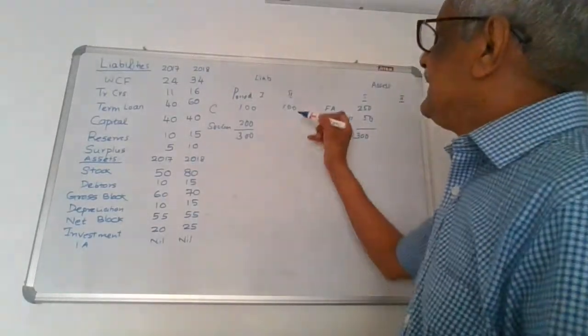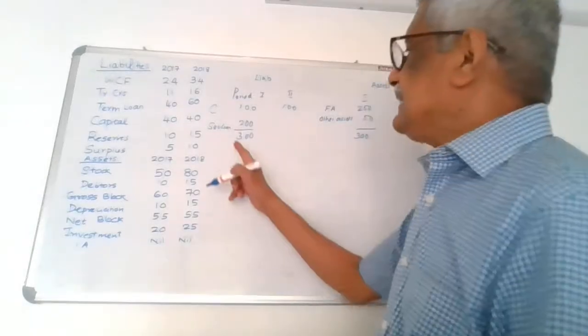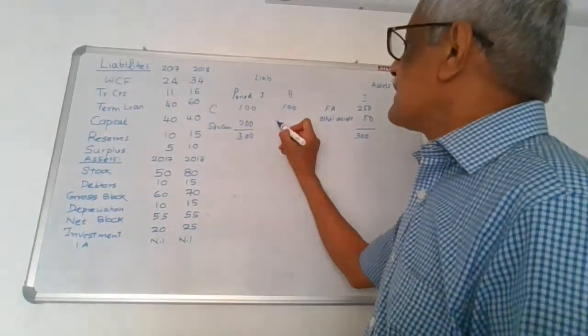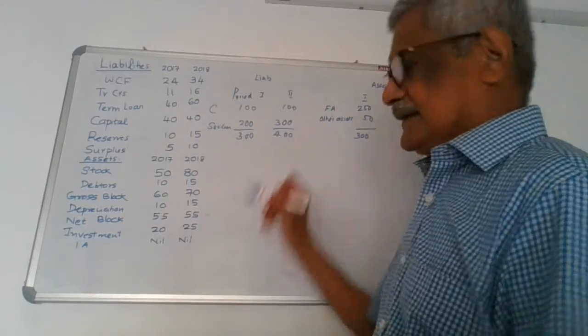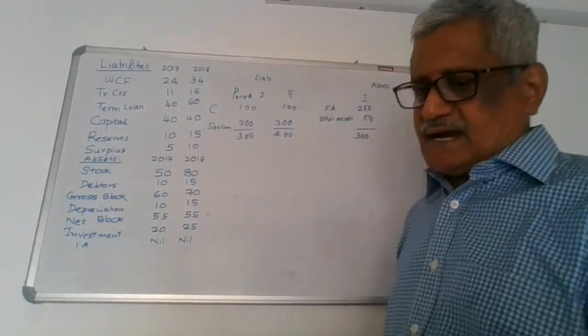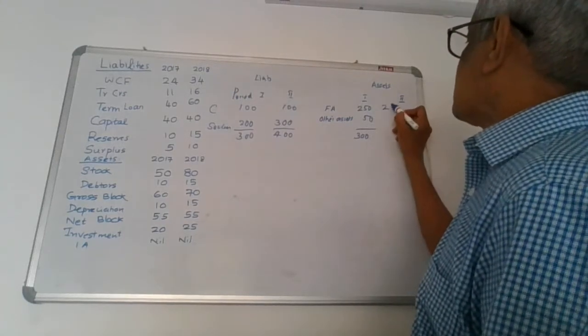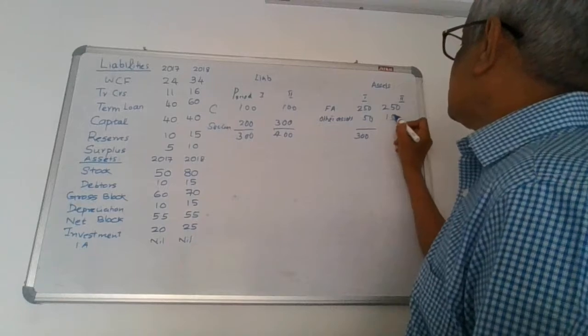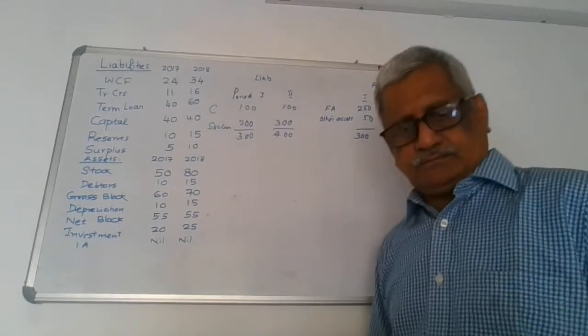Now during period 2, my capital remains the same at 100. I increase the secured loan from 200 to 300. Now I have 400. What I have done with that money is, my fixed assets remain the same. I have increased the other assets, making it the total.